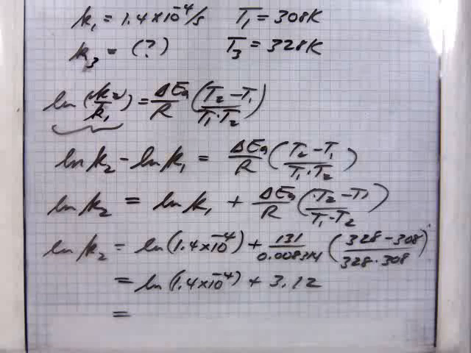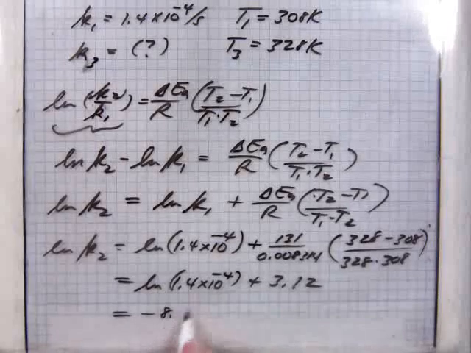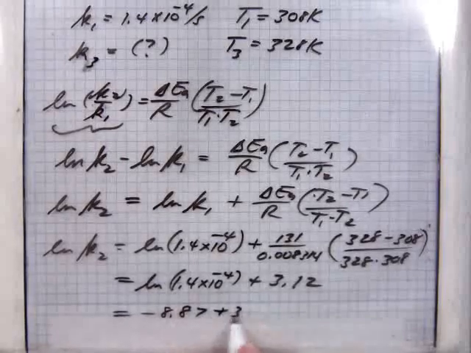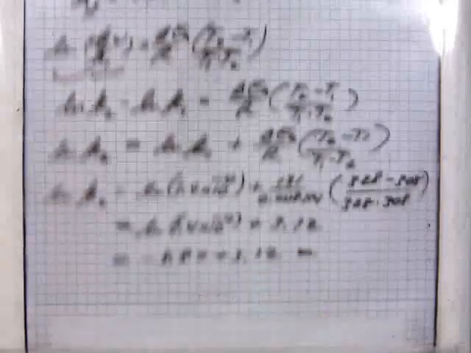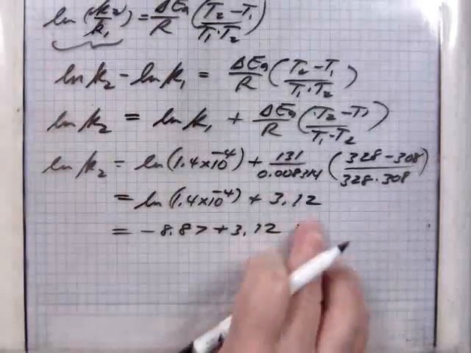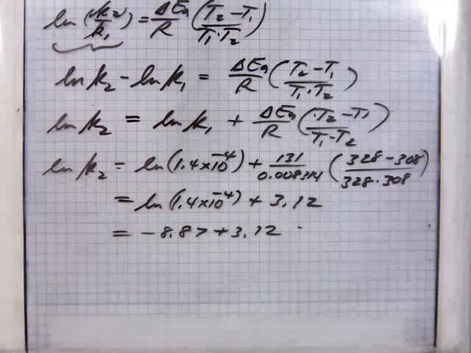That's minus 8.87. Minus 8.87 plus 3.12, and that gives us negative 5.75.